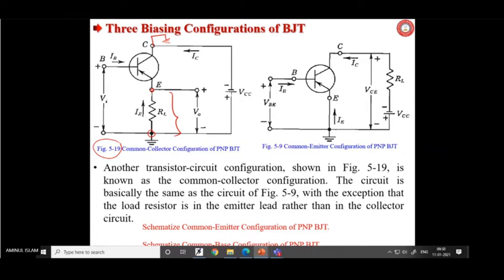Zero current means what? Through a current source, current is zero. To make the current of a current source zero, what you have to do? You have to make the impedance infinite, and infinite you can make if you open it.